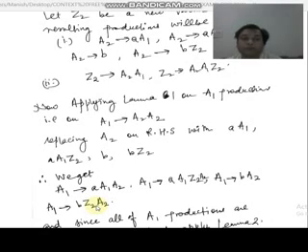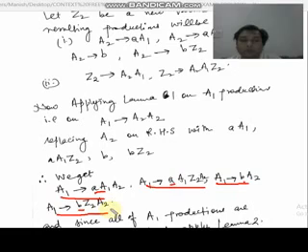And since all A1 productions are starting with a terminal, that is a, a, b, b, all these A1 productions are now in GNF form. So no need to apply lemma 2 on the A1 productions.